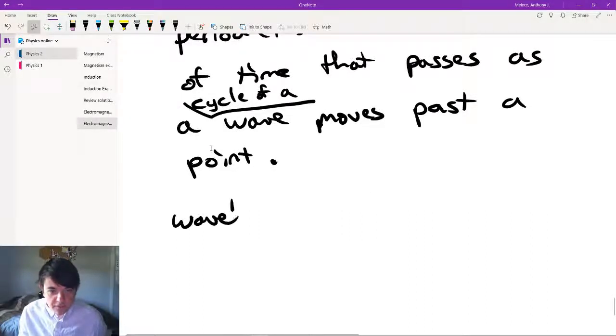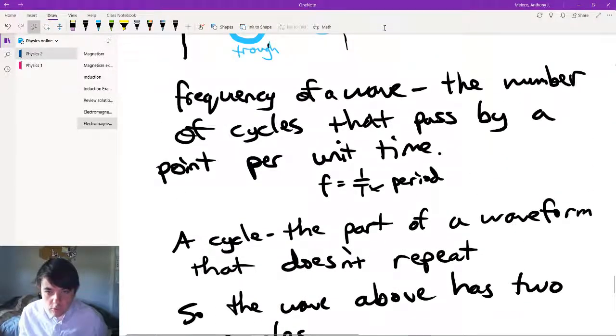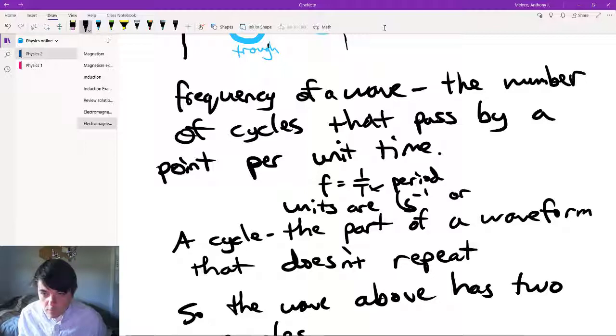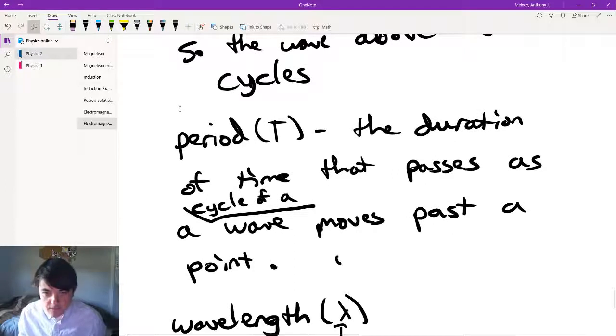The next one is wavelength, and this is actually pictured. Okay, the wavelength has the symbol lambda. Oh, and I forgot to mention units of frequency, sorry, are inverse seconds or hertz. And period has units of seconds, right? Because it's a unit of time.